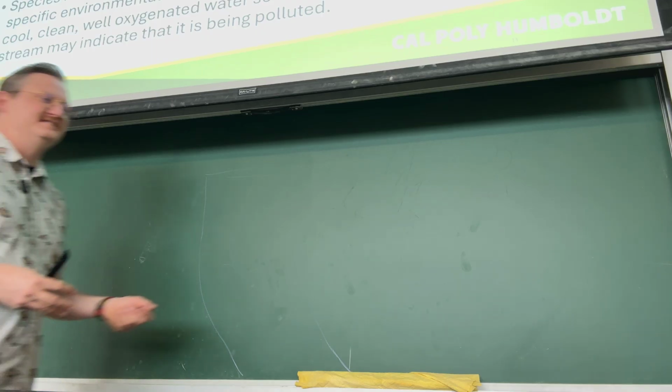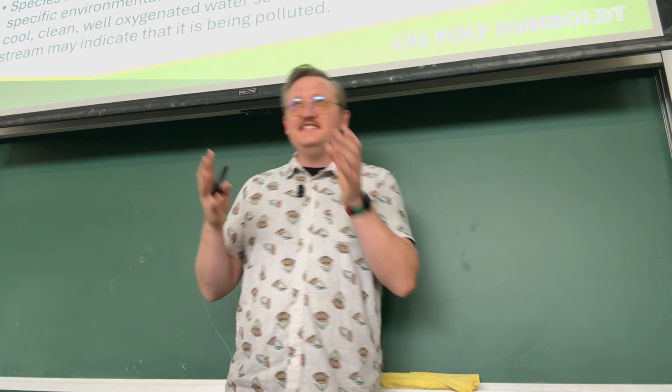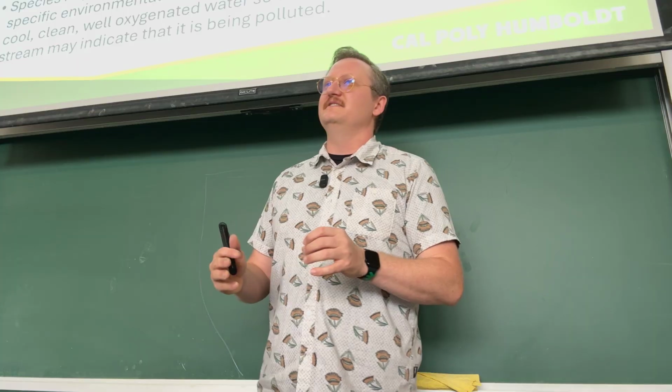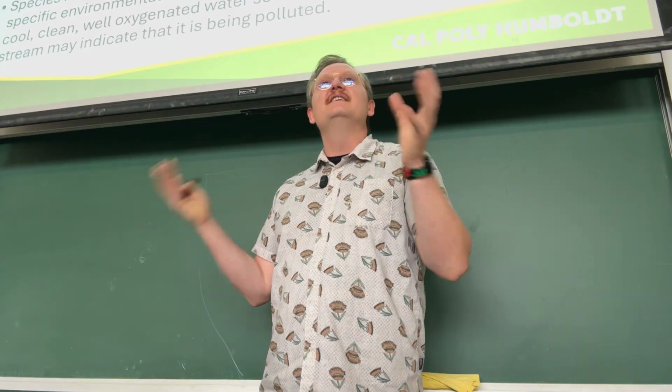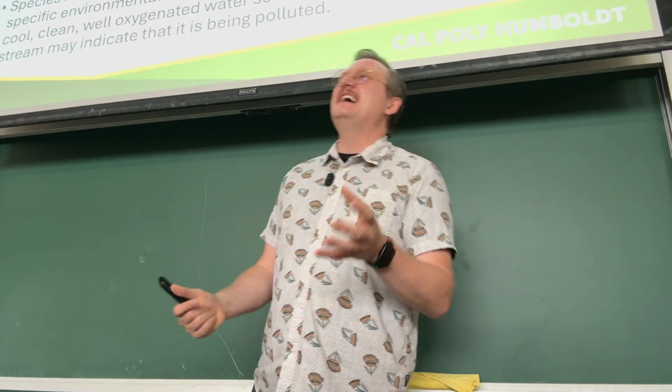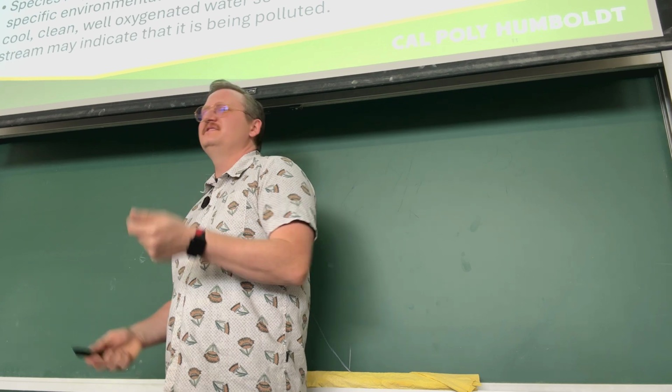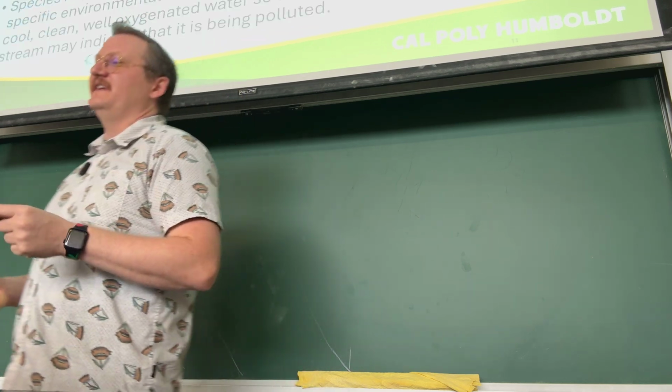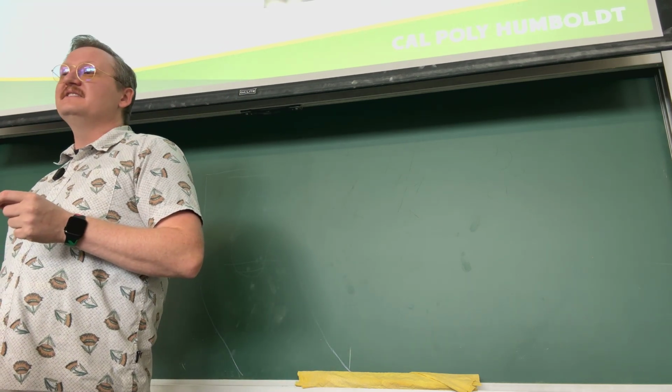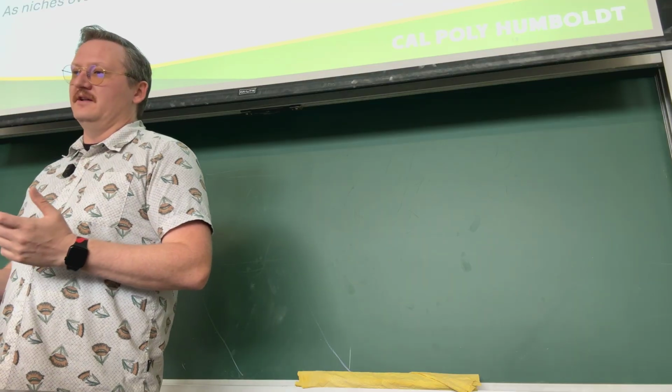You see, you can use species with well-understood tolerance ranges to indicate something about the environment. And that's the idea of bioindicators. And we'll go through a specific example using lichens, all right, that I think you'll all enjoy.